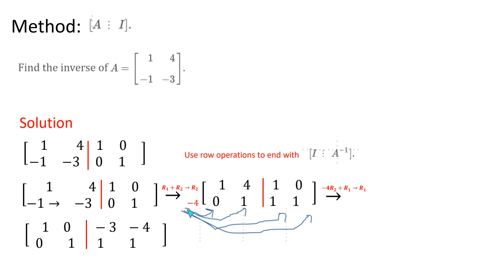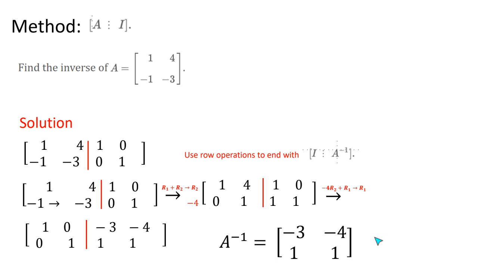Negative 4 times 1, negative 4, plus 0 is negative 4. If you notice, now we have our 1s and our 0s here. So that's our identity matrix. That means that whatever's on the right side is going to be our inverse. So we can write it out as A inverse is equal to negative 3, negative 4, 1, and 1. Okay, so this is the first method.